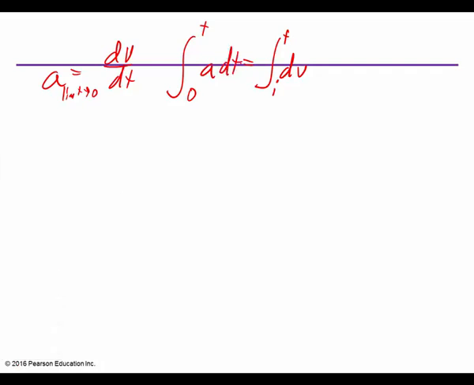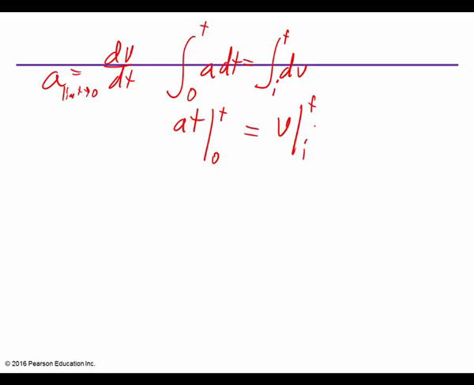There we go. So when we integrate it, it becomes a times final time minus a times 0 is equal to the integral of dv, which is v, so we have final velocity and initial velocity.